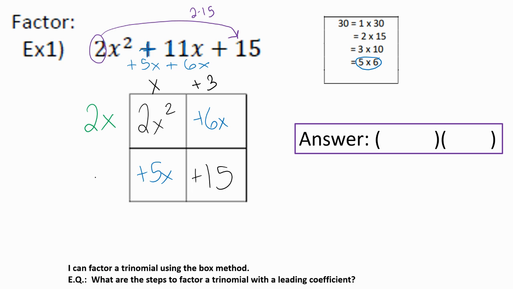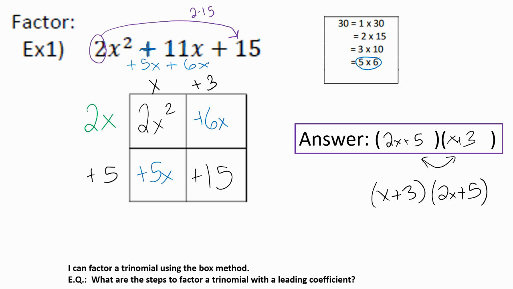So this has to be a 5. And then once you fill out your sides, if they're on the same side, they go in the same parentheses. So 2x plus 5 and x plus 3. And like I said before, you can switch these. So if you wanted to write x plus 3 first and 2x plus 5 second, that's fine.